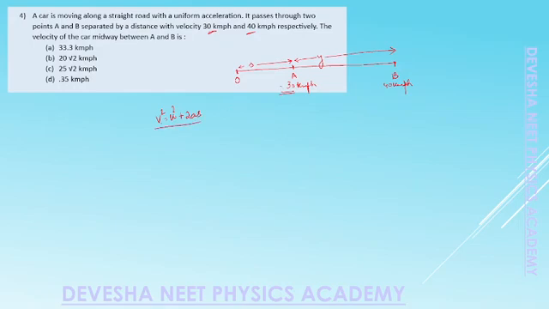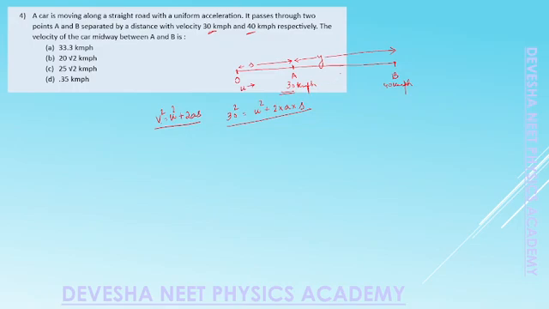So the velocity attained here, 30 square, is equal to, imagine we are starting off with the velocity of U, U square plus 2 into A, the acceleration we do not know yet, and S, the distance from O to A. So 30 square is equal to U square plus 2AS.